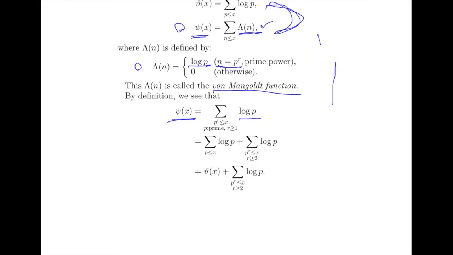When r equals 1, this is just the prime numbers, which is exactly equal to theta(x), plus some remaining part. By this relation, these two Chebyshev functions psi(x) and theta(x) are closely connected. The only difference is here. Okay? Can you follow me?